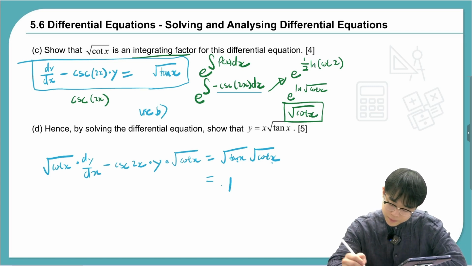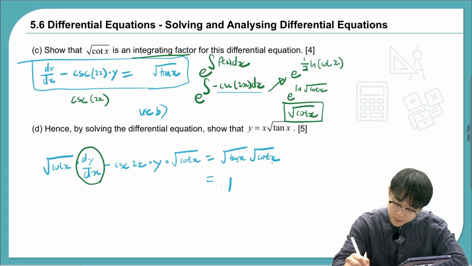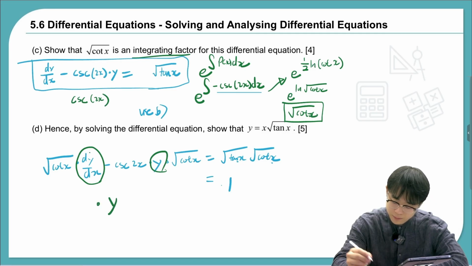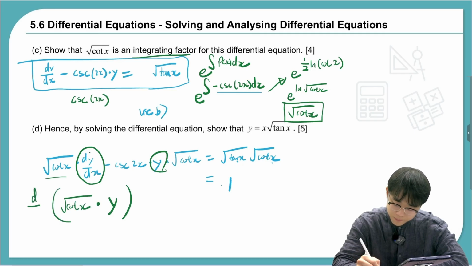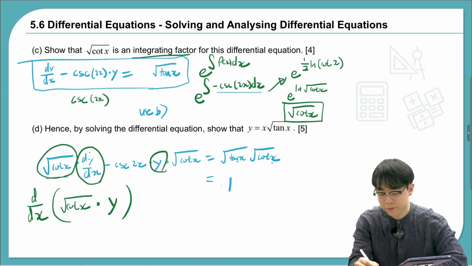Okay, now this one, we can recognize a chain rule going on, a product rule going on. So we would have y prime and just the y here. So it seems to be like y times square root of cotangent x, multiplied as is, because we don't differentiate the y.